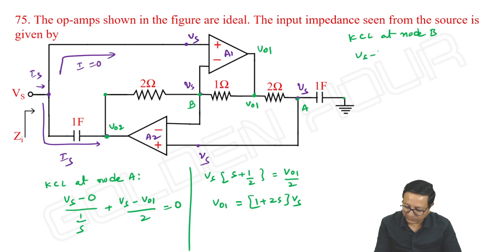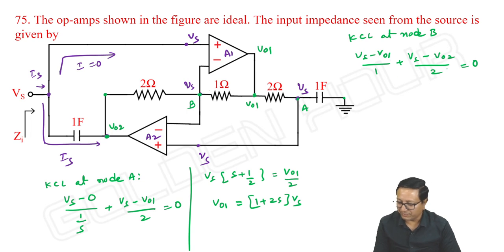Okay. So KCL at node B, then it is Vs minus VO1 by 1 plus Vs minus VO2 by 2 is equal to 0. Okay. So Vs is known, VO1 is known. Automatically we can write VO2. So VO2 by 2 is equal to Vs plus Vs by 2, that is 3Vs by 2 minus VO1. But what is VO1, friends?